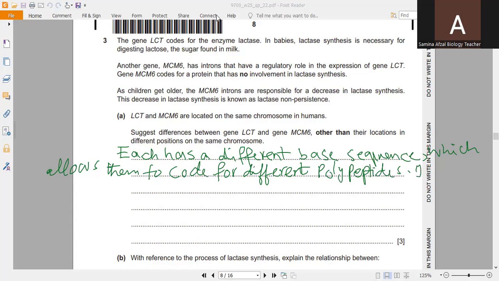They have a different total number of nucleotides.